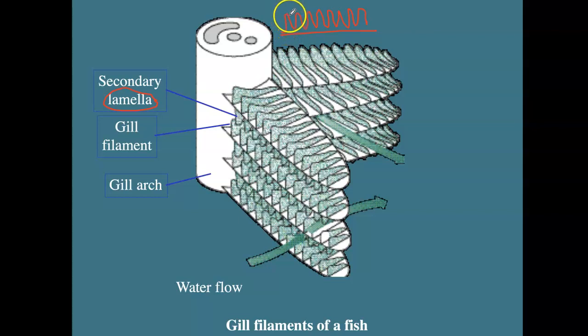It really drastically increases our surface area as the water moves through here, because now we can do gas exchange all along this surface instead of just this shorter surface. So can you see how those gill lamella, those gill folds, really increase our surface area?